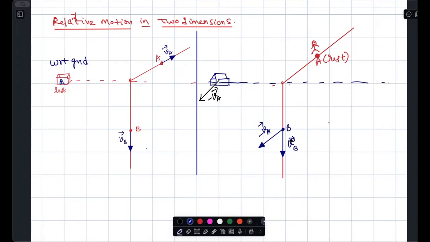Now, at a time, two velocities. Suppose this is theta, this will also be theta, 90 minus theta in fact.